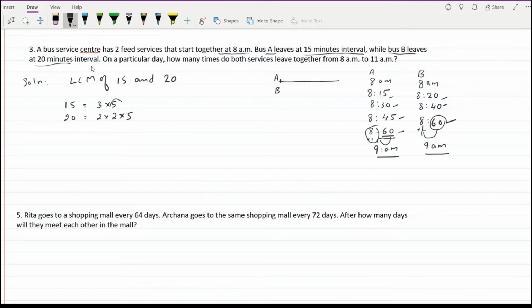Only one common factor is there, 5. When finding the LCM, as I told you many times, you consider the maximum number of times a factor comes in the numbers.